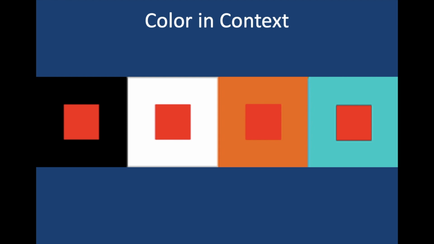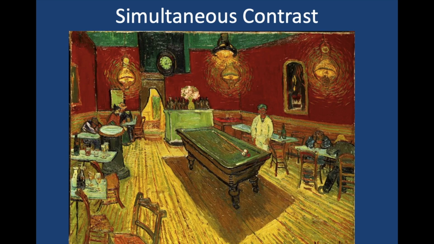It's the same color, and yet it isn't the same experience. The term simultaneous contrast is used to describe how colors affect each other. Complementary colors here, red and green, both make the other color appear brighter. So if you want a color to look brighter in context, surround it with its opposite color on the color wheel.